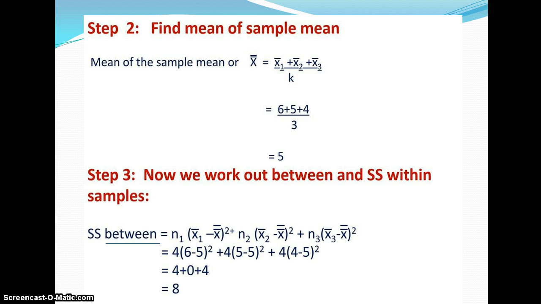Similarly for the third sample. By using this formula, we put the values: 4, 6, 5, again 4. Using this formula, the calculated value of sum of squares between is 8.